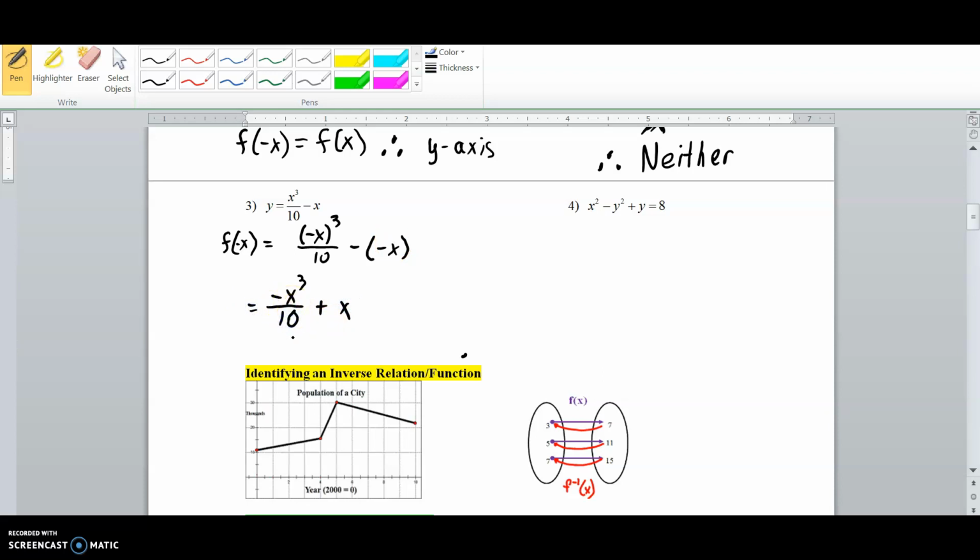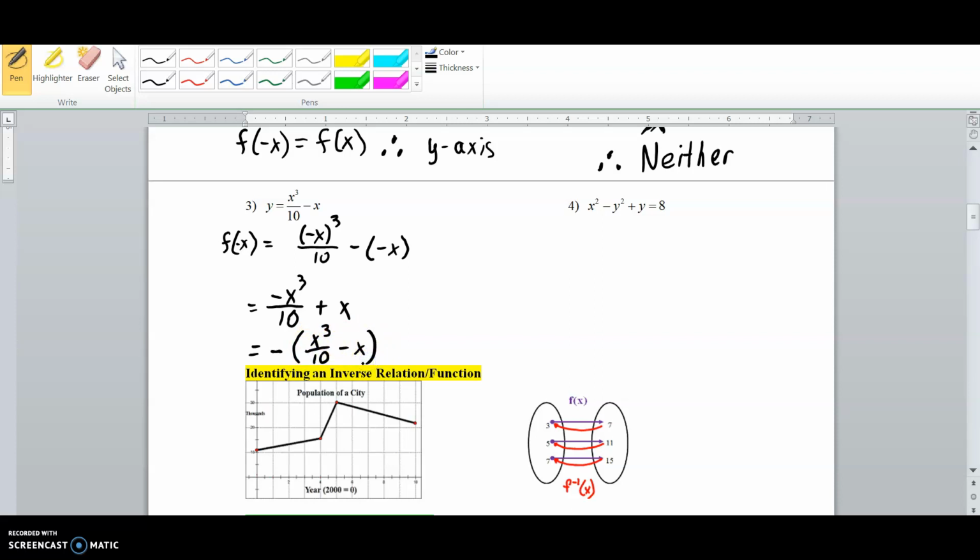And if we reduce that one more time, I'm not even reducing, I'm going to manipulate this so that I pull my negative sign out front. What I mean is I'm going to pull a negative out front of x cubed over 10 minus x.